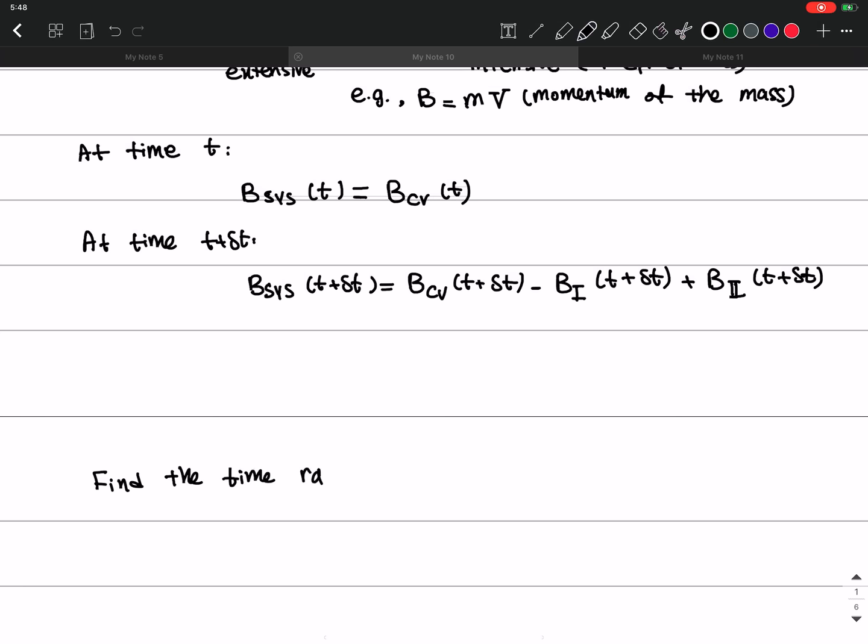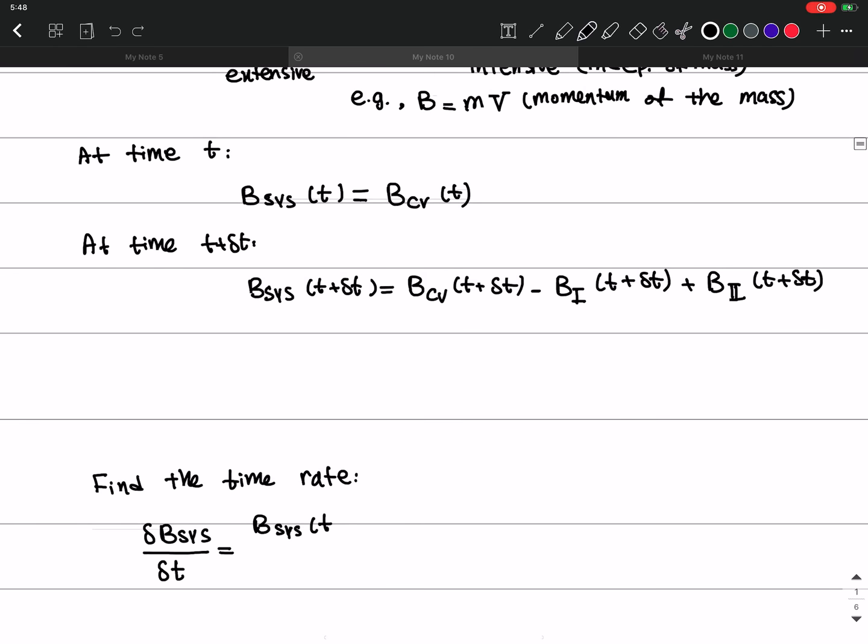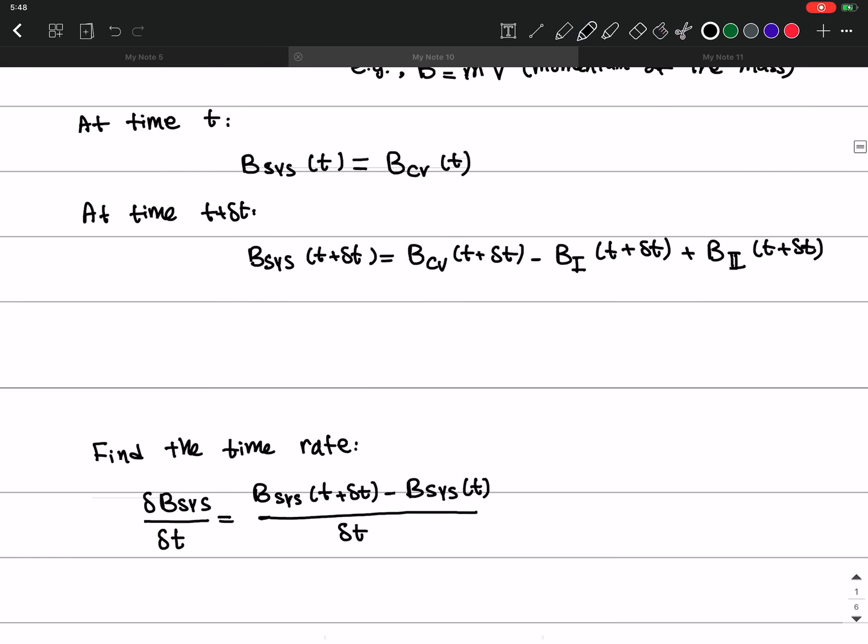The time rate of change of the system is going to be delta B system over delta t, equals B system at t plus delta t minus B system at t, over delta t, right? This is just a definition of that.